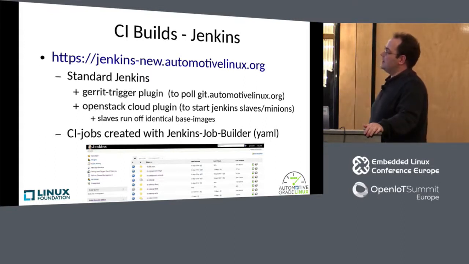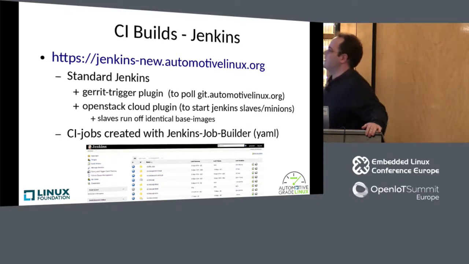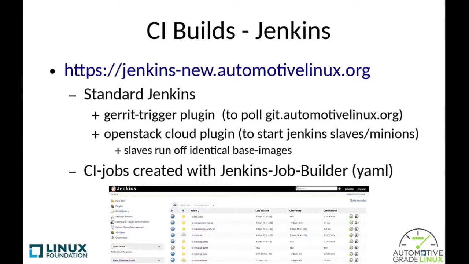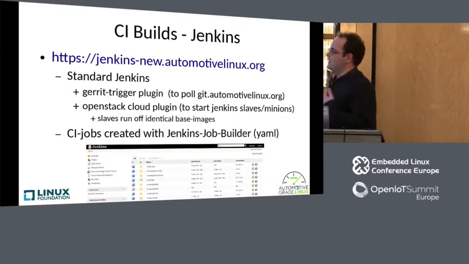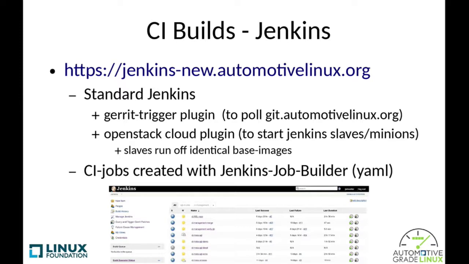The Gerrit trigger plugin is used to poll our Git repos, and we use the OpenStack Cloud plugin, so we are in a cloud, for spinning up the minions, and all of the minions run off an identical base image, so we get reproducible build environments, always the same build environment. And to keep track of our CI jobs, we do that with Jenkins Job Builder.